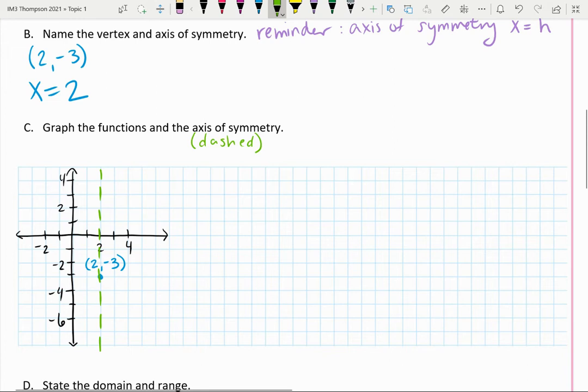On Pearson, on your homework, it will ask you to make the axis of symmetry dashed. That's a feature of the graphing window. You can make it solid or you can make it dashed. If you make it solid, it's going to think that you mean that that's part of the actual function, and it'll mark it wrong. I can show you what I mean when we're done.